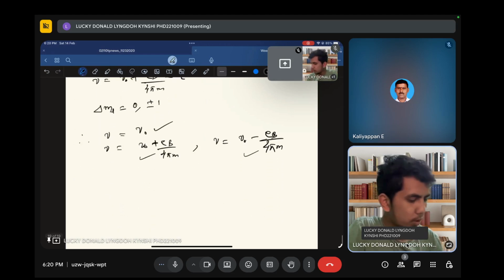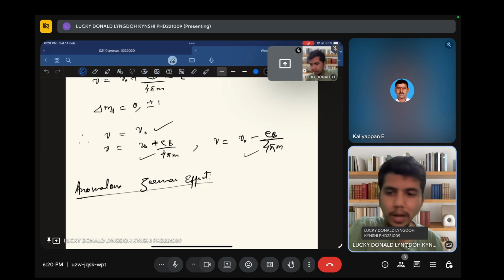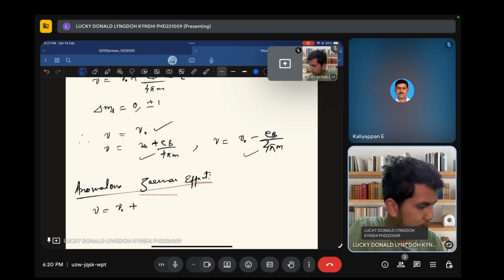There is another one called the anomalous Zeeman effect. In the anomalous Zeeman effect, it is the same logic: mu equal to mu naught plus g m_J EB by 4 pi m.